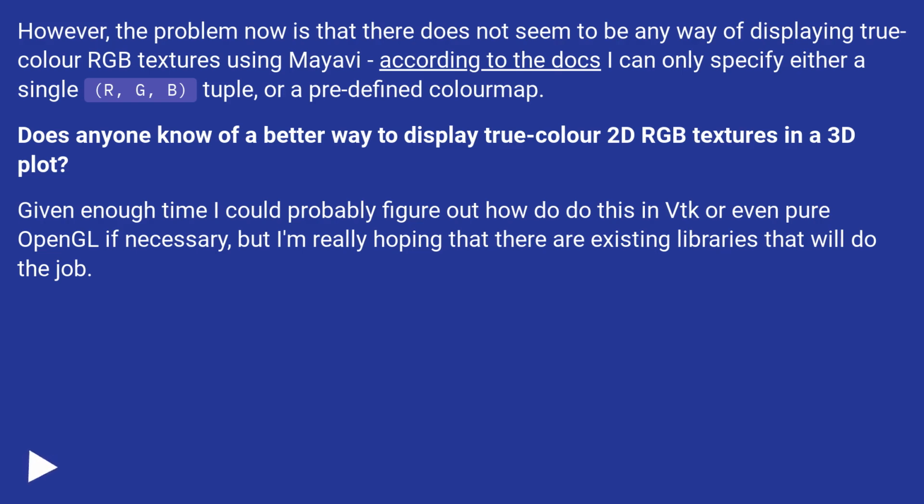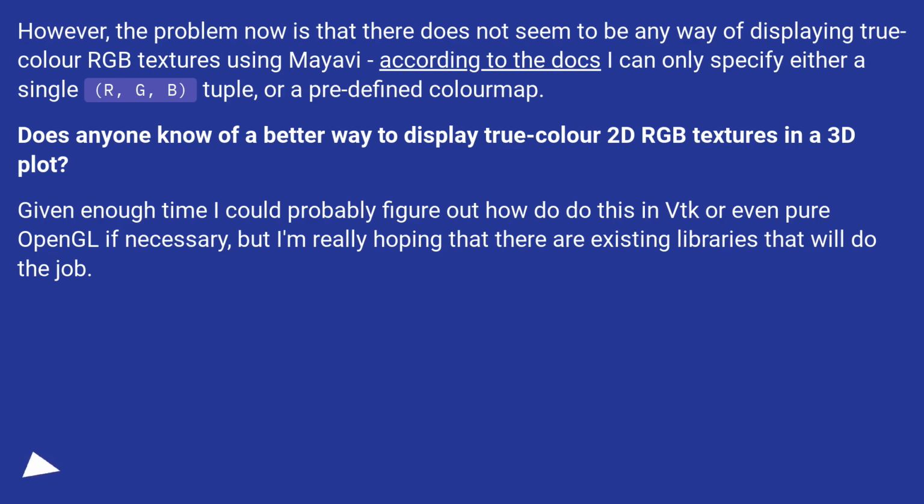However, the problem now is that there does not seem to be any way of displaying true color RGB textures using mayavi. According to the docs, I can only specify either a single RGB tuple or a predefined color map.